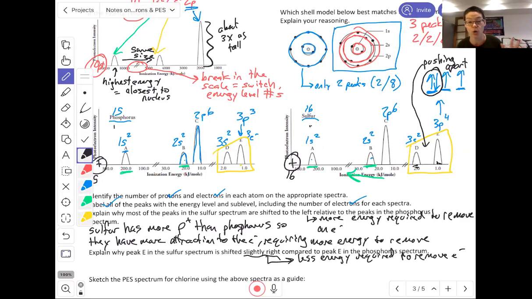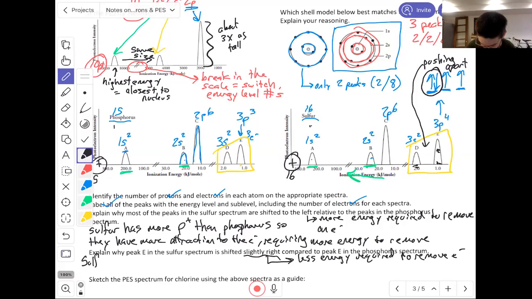So why would it require less energy to pull off an electron out of E for sulfur? Because they're already pushing apart. They're already trying to get away from each other. So they're like, no, no, no, I don't want to be next to you. Take me, get me out of here.